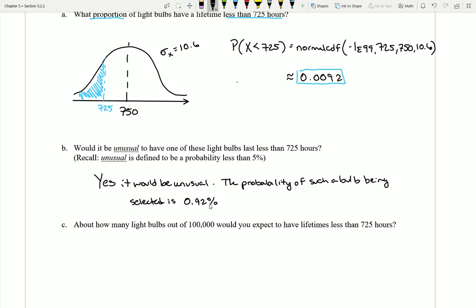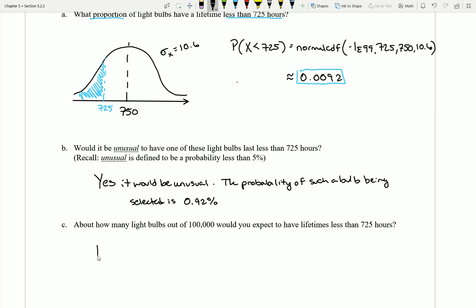So we have a very simple setup. We have 100,000 bulbs total, and only this percentage of them, roughly speaking, should be light bulbs that meet this criteria of lasting less than 725 hours.